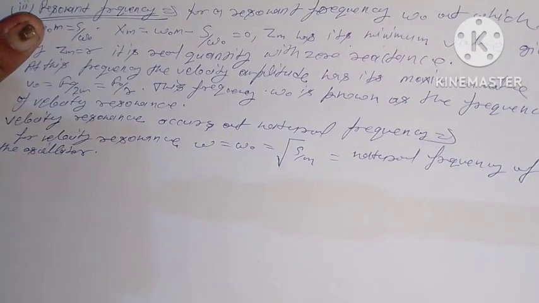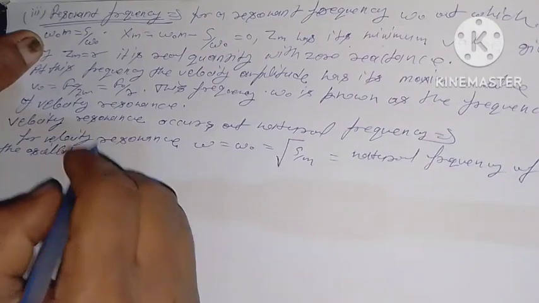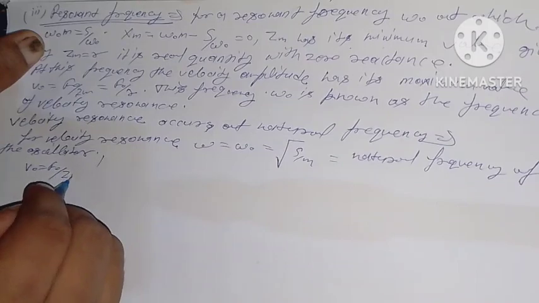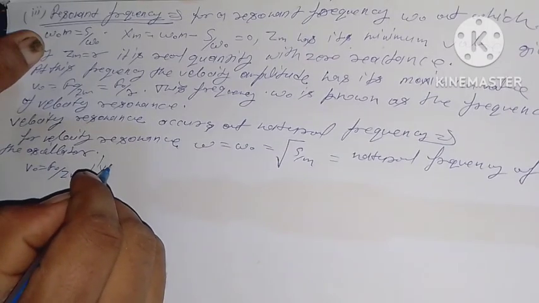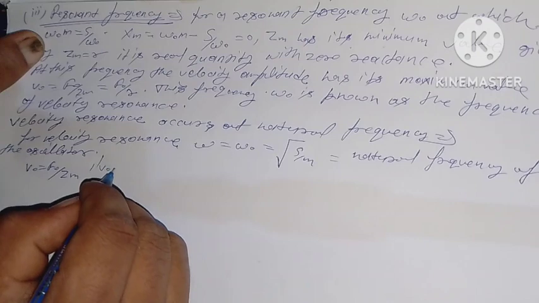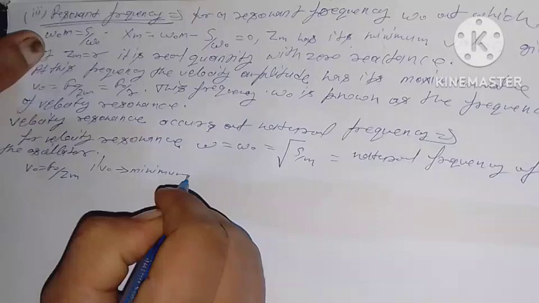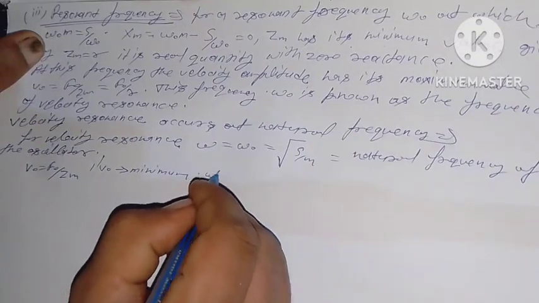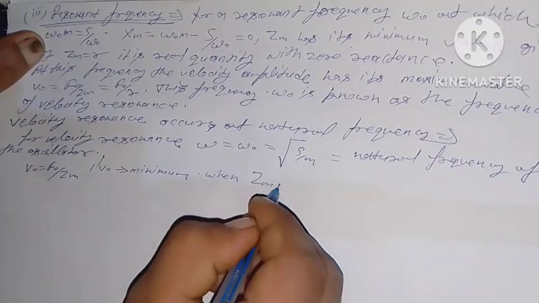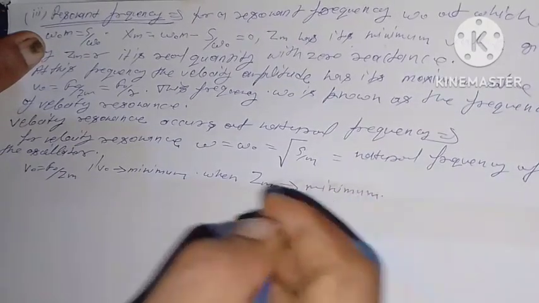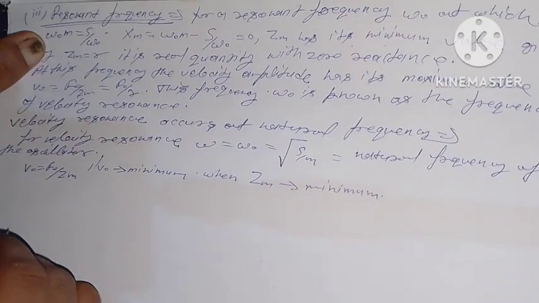V naught has maximum value when Zm is minimum.